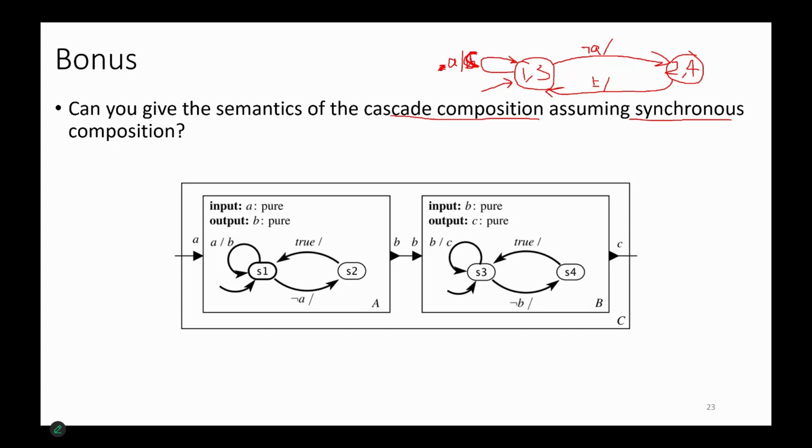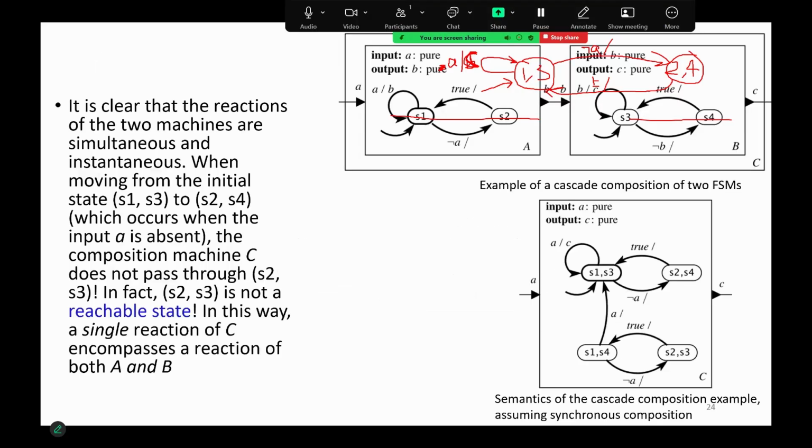So let's see the answer. It's here. So 1, 3, 2, 4, and 2 non-reachable states. So let's understand it. First, the answer is correct. Thank you. And the other two remaining states are non-reachable.